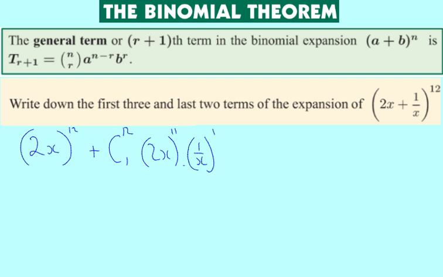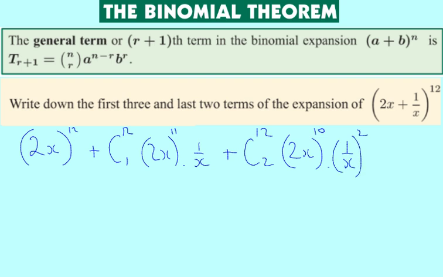Once again, the power here is the same as the base number there. And the power here is the difference of those two numbers there. And my next term will be C(12,2), then 2x to the power of 12 take 2, times 1 on x to the power of 2. Right, and then the last two terms.